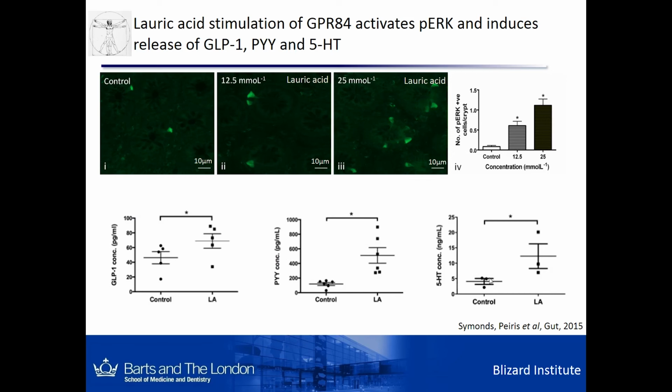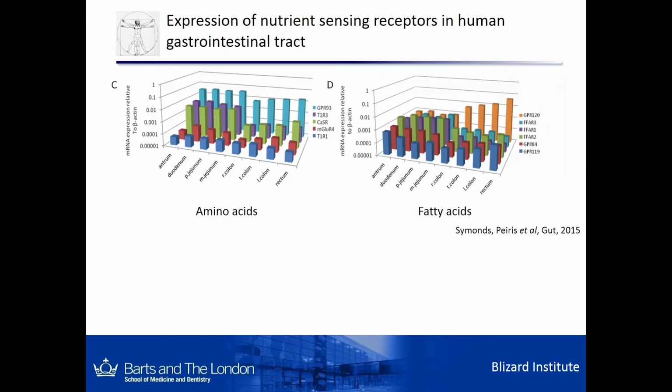So I've shown this before, but I wanted to highlight that I've shown data on GPR84, but we're also quite interested in GPR120 because it is expressed quite highly in the colon and the rectum, suggesting that it may be a good target for us to look at as well.